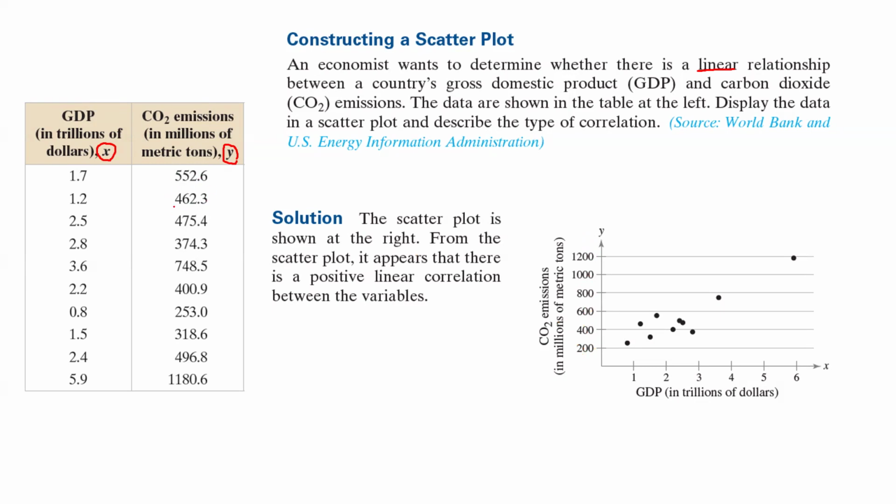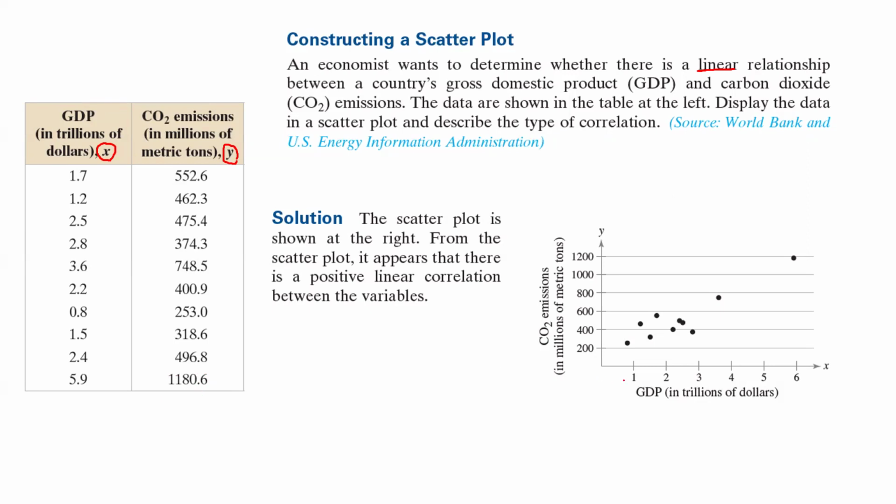The y values are 552.6, 462.3, and so on. The smallest value seems to be 253. So we're going to start by scaling this from 200 and going up to the maximum value of 1,200, because the maximum value in our collection is 1,180.6.